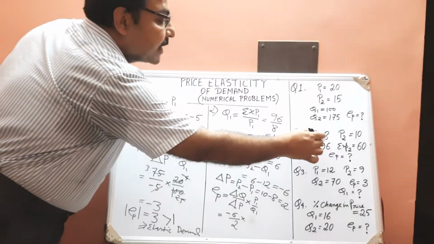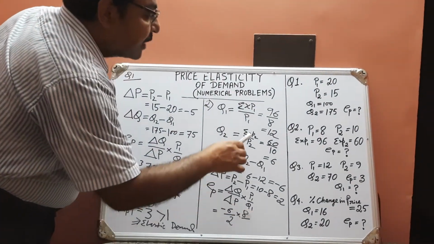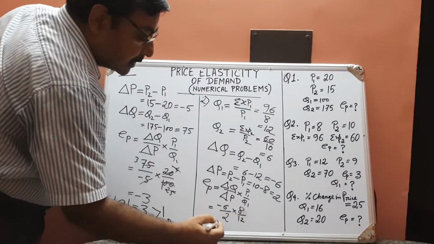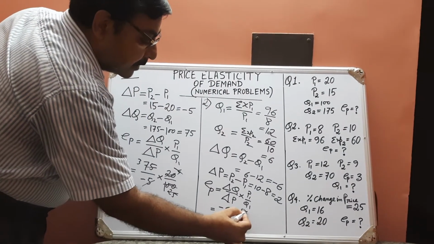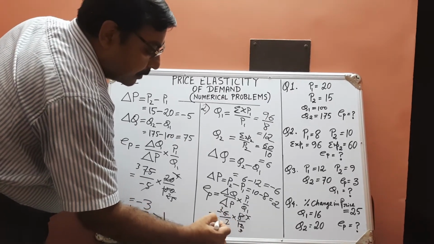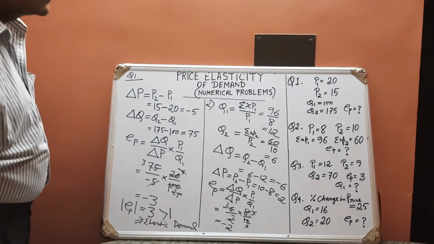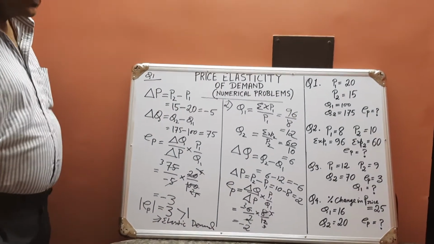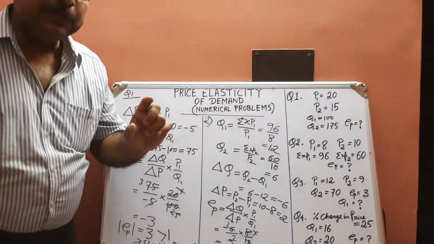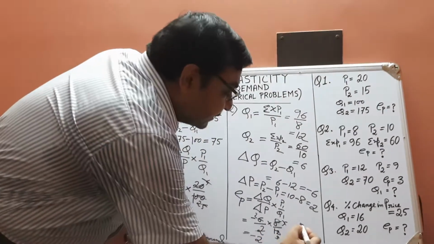Initial price is given here 8 and initial demand we have calculated 12. So what is becoming the answer? Minus 2. Price elasticity of demand is equal to minus 2. So if EP is minus 2, modulus EP is only 2, greater than 1, so it is a case of elastic demand.